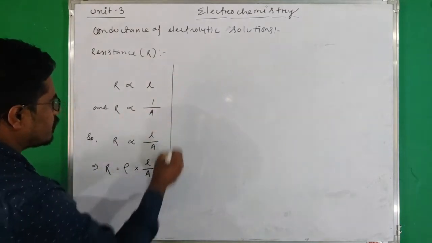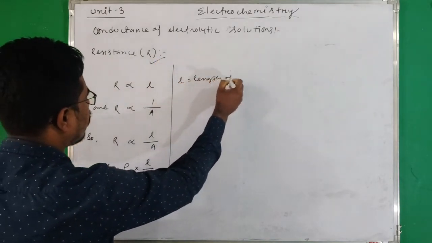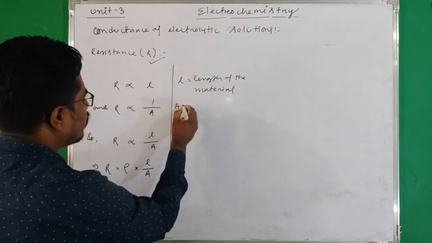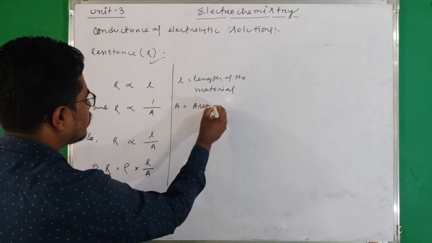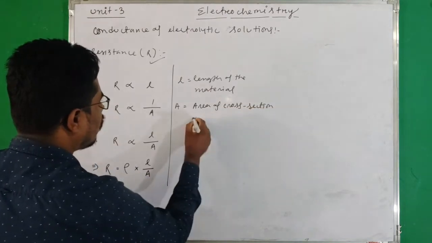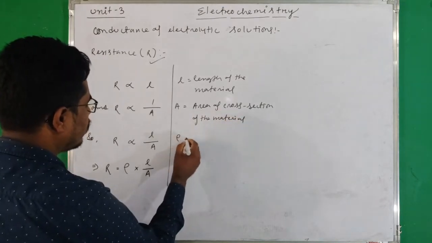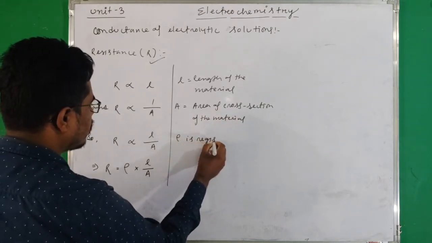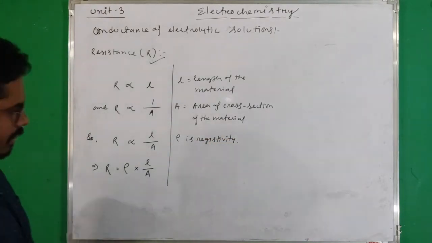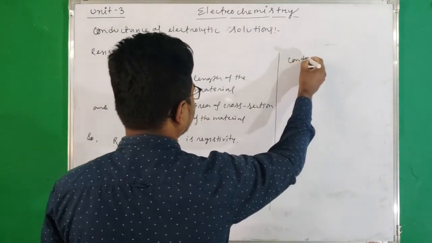So in this equation R is resistance, L equal to length of the material, A equal to area of cross section of the material, and rho is resistivity.